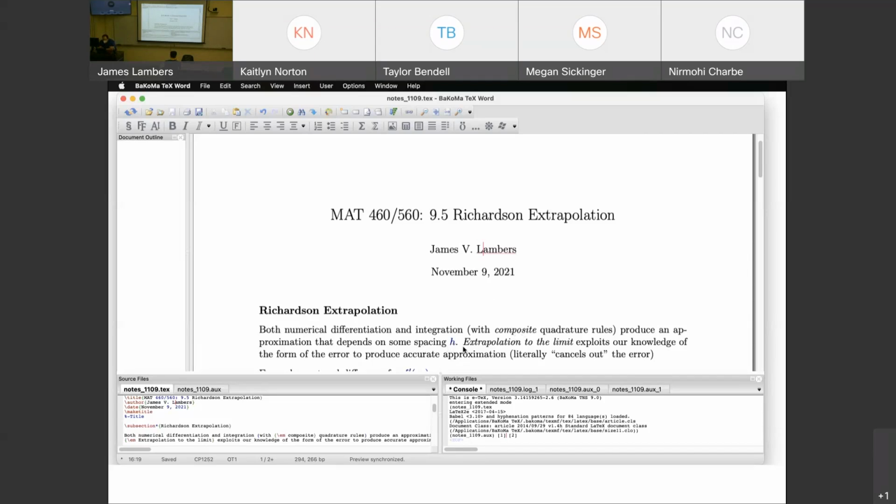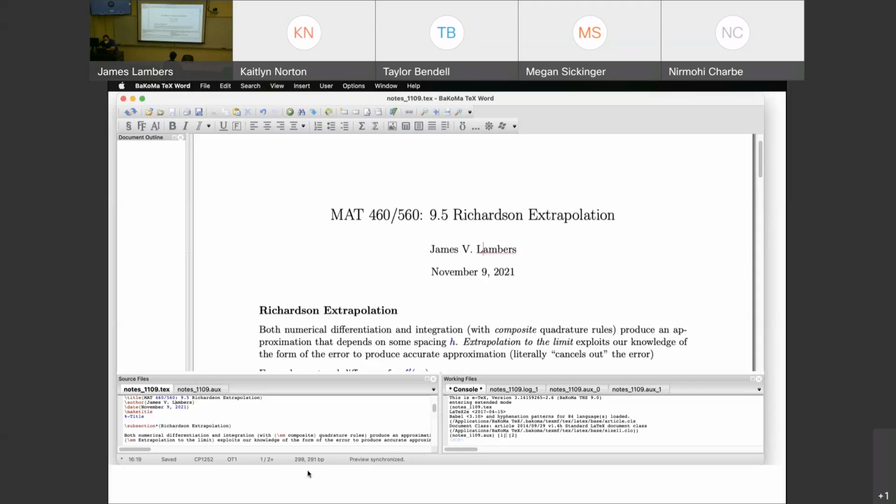So if we have some knowledge about how the error behaves, what is the order of accuracy in particular of not just the leading error term, but other lower order error terms, then we can use that knowledge of the error formula to get a much more accurate approximation with very little extra computational effort.